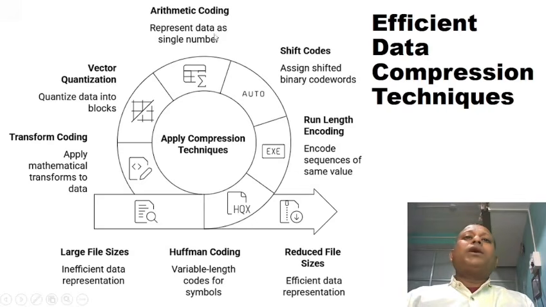Arithmetic coding represents the data as a single number, vector quantization helps to quantize data into blocks, and transform coding helps to apply a mathematical transformation to the data. These are the major key concepts which may be utilized to reduce large file sizes into reduced file sizes.